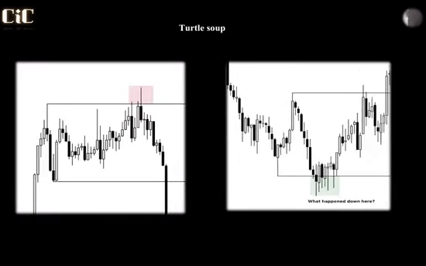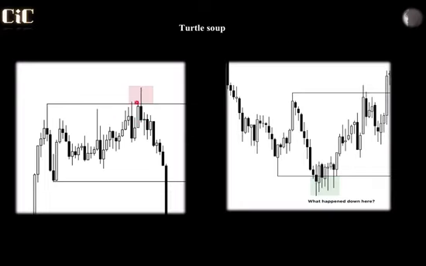Pretty simple. So we have buy orders, sell orders, market makers pushing price above the old high, stabbing into the buy orders to entice new longs and to stop out old shorts.